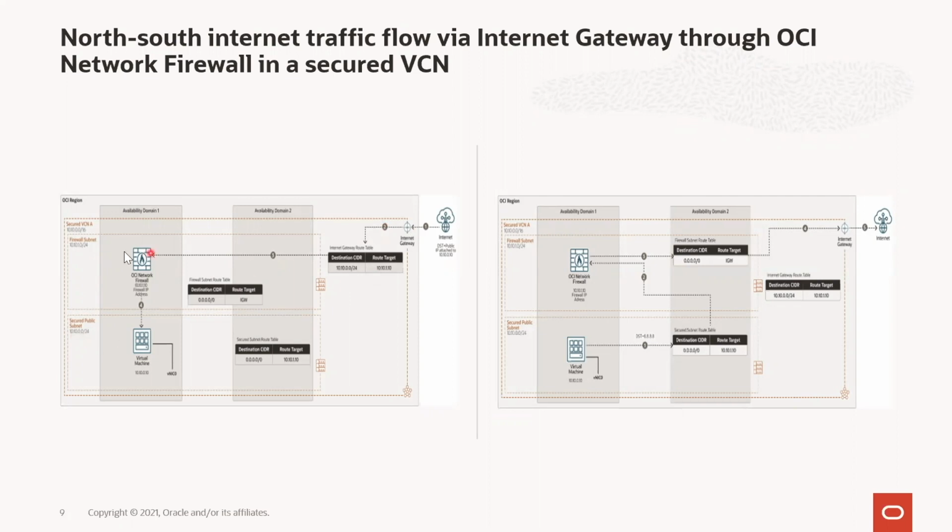Firewall will check the decryption rules and decryption profile which you have created for the incoming traffic, and then the security rules which you have created for the particular virtual machine. If the traffic matches, it will send it to the virtual machine. If the traffic doesn't match, it will drop that traffic right there.